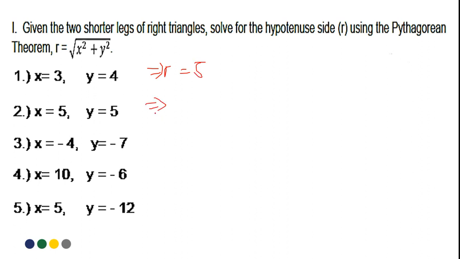So, kayo naman, what is number 2? What is the value of R if x is equal to 5 and y is equal to 5 using your calculator? Go. It's like a Pythagorean theorem lang po yan. So, what is number 2? Answer?